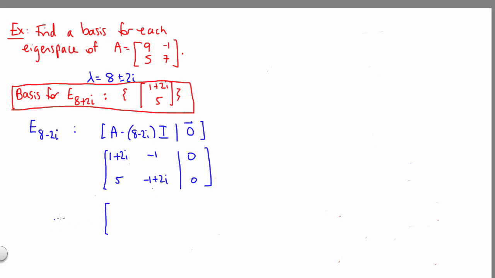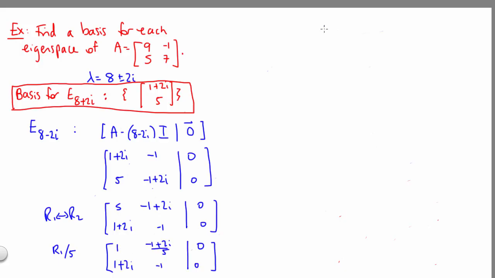So let's swap these two rows. Now let's divide row 1 by 5. Next, we need to take row 2 and subtract off 1 plus 2i times our pivot row.